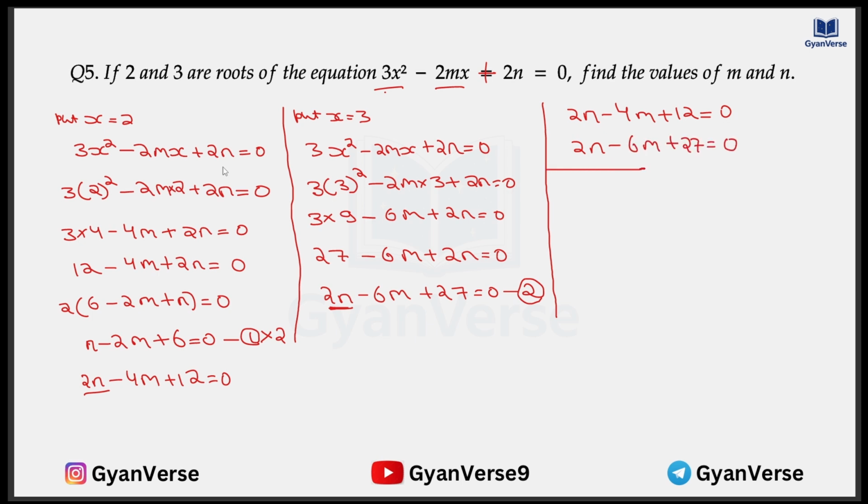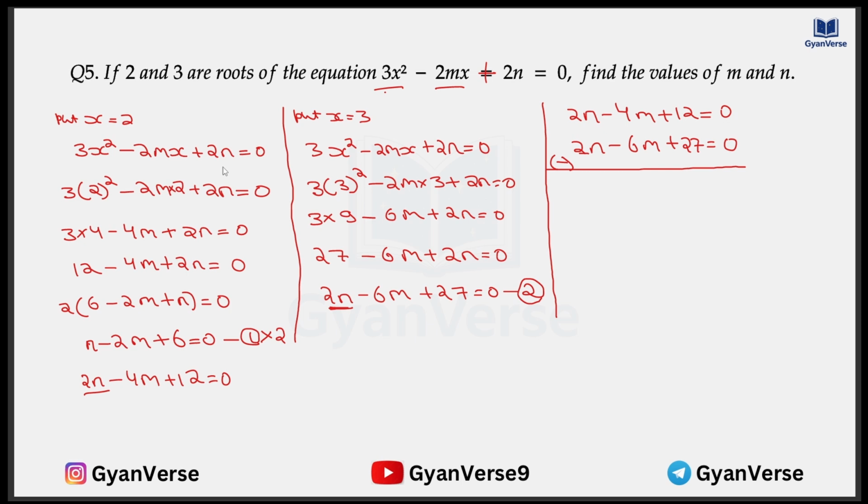Now I have to eliminate n. That's the reason I made both the first terms equal, because I want to eliminate n. Here the sign of 2n is plus and here also the sign of 2n is plus. To eliminate this, I want them to be of opposite signs. So I will change the sign of this 2n, and accordingly I have to change the other signs also for this equation.